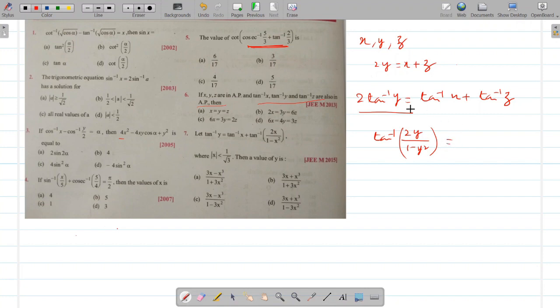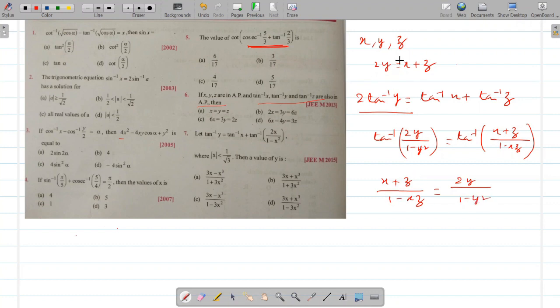And tan inverse of x plus tan inverse of z can be written as tan inverse of x plus z upon 1 minus xz. So if you simplify, you get x plus z upon 1 minus xz is equal to 2y upon 1 minus y square.